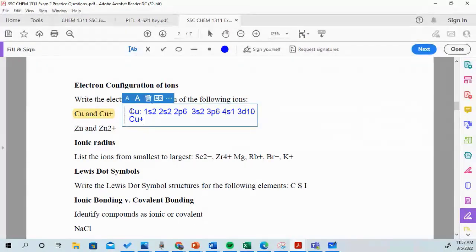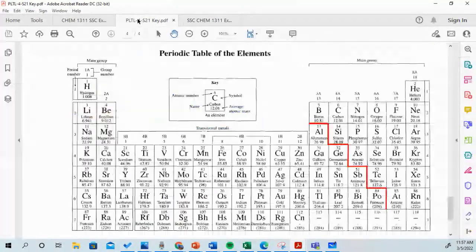Go ahead and do it for Zn, zinc. Okay. So for Cu, it's right here, right? Let's say we're starting at the noble gas argon, 4s2, and remember these d orbitals will be one level down.